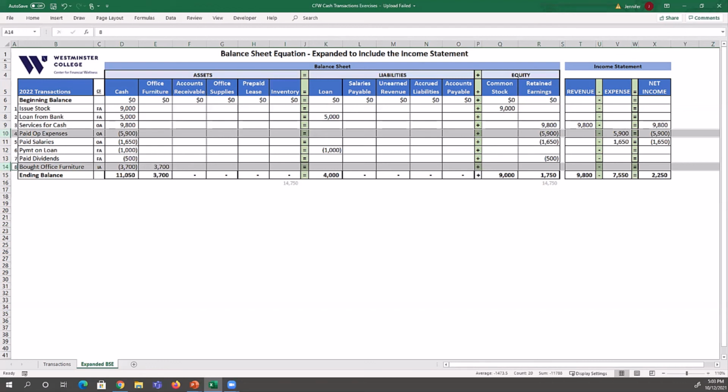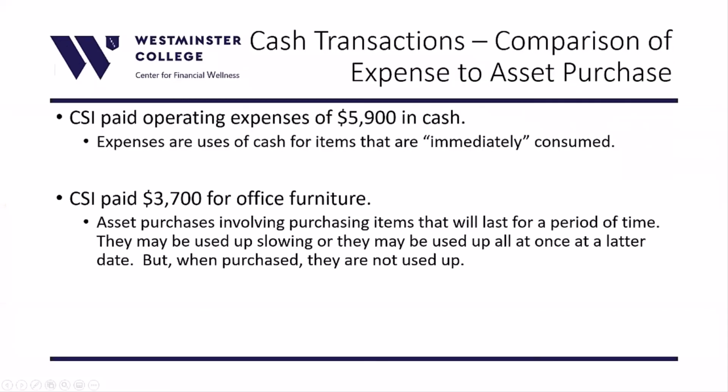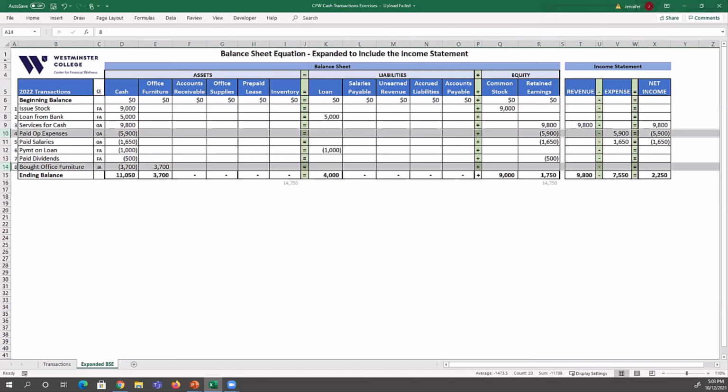Okay, some explanation on this. The difference is that in paying for expenses, CSI is paying for something that's immediately consumed or already been consumed. It's paying for something that has no future value.